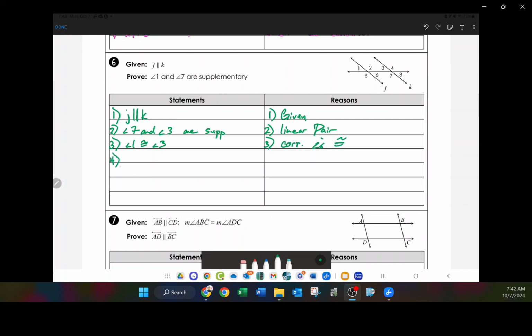And then, angle 1 and angle 7 are supplementary because congruent angles are supplementary to the same angle.